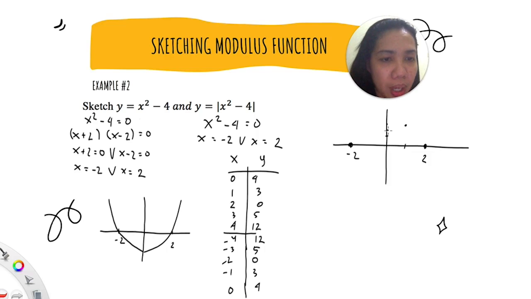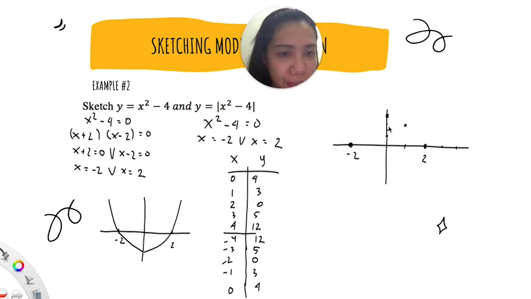This is 0, 1, 2, 3, 4. Then 3 comma 5. This is 3, this is 4, 5. And then 4 comma 12.